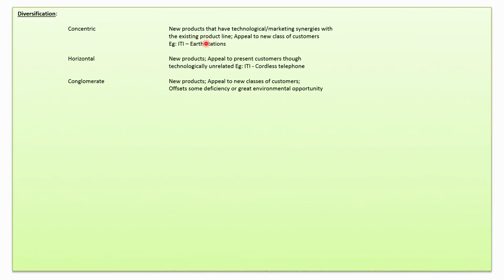A new company was created for this purpose called the ITI Satcom, which was to assist in getting data, and this was found to be extremely useful for the planning process initially, now having a lot of other applications as well.